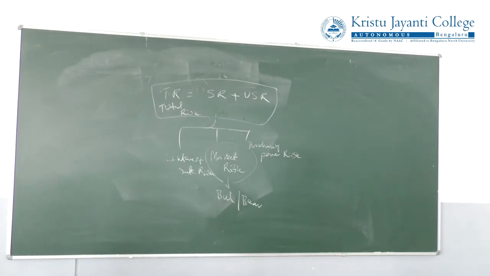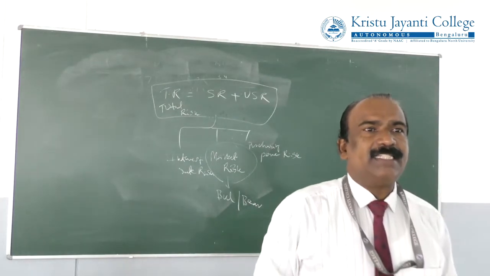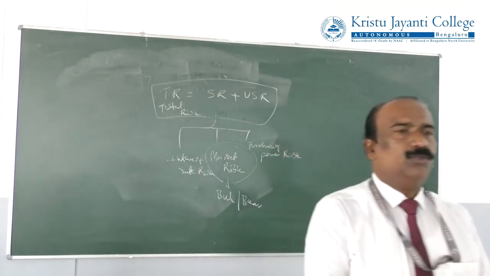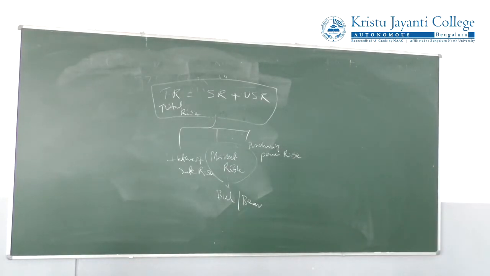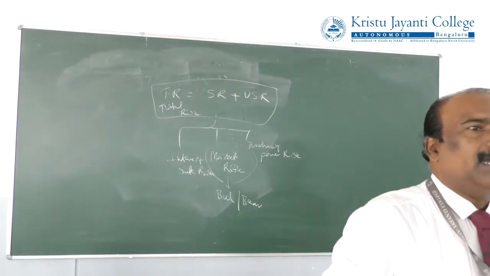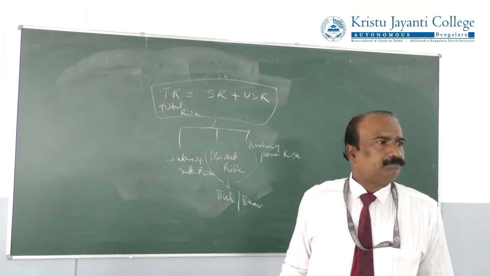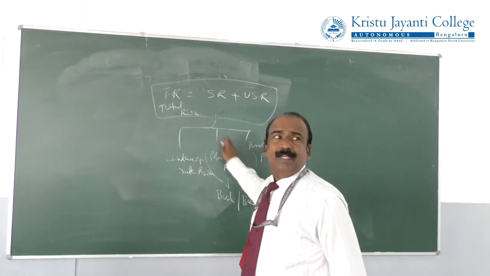When the interest rate is high, what happens? The purchasing power is less, the demand is less. So to balance demand and supply, the interest rate is used. So purchasing power risk is also part of what?